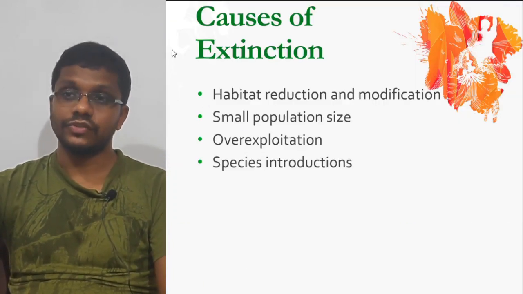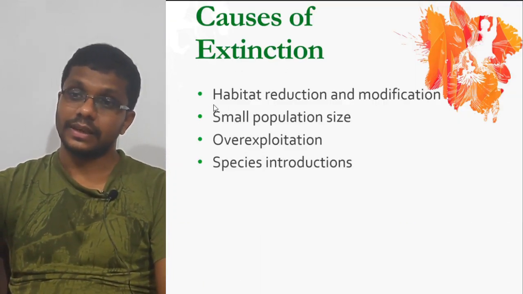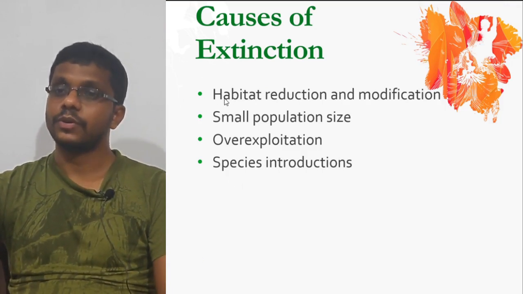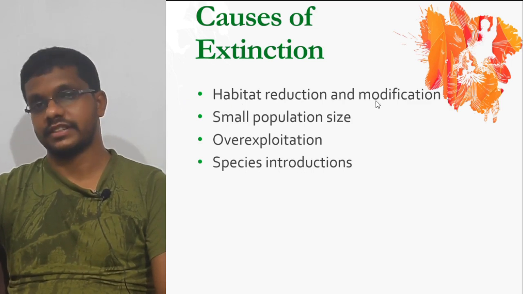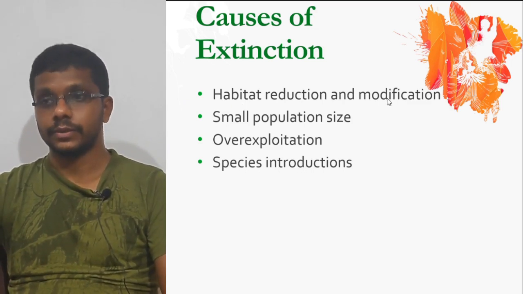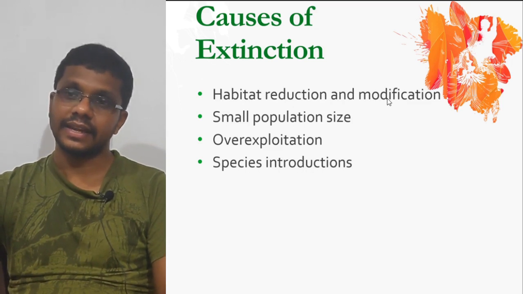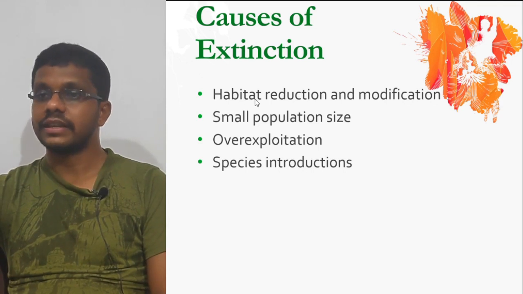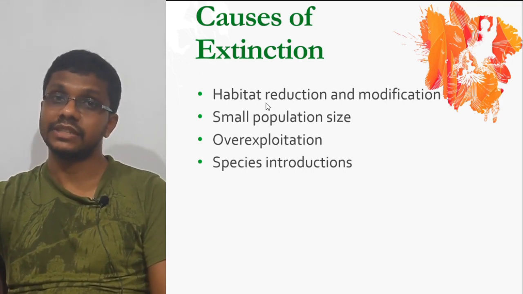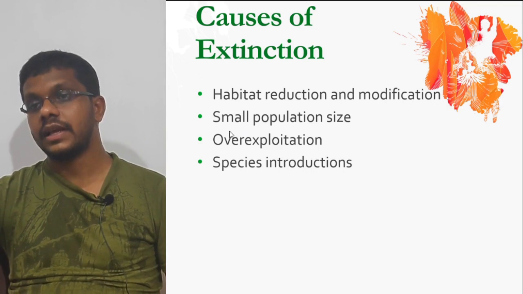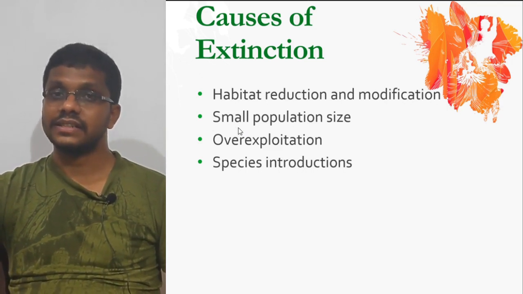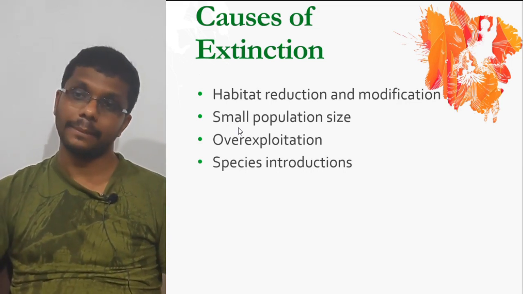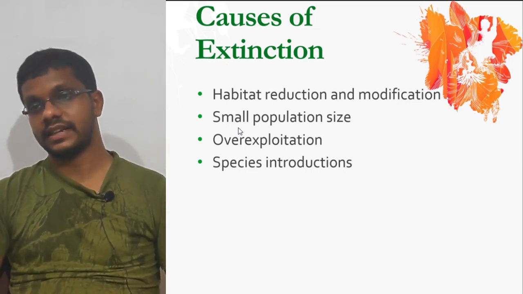And there are different causes of extinction. I am just listing the major causes. The most important factor is habitat reduction and modification, due to deforestation, conversion into agricultural land, global climate change, and everything else. There is a reduction in the habitat of organisms, which eventually leads to their extinction. Another reason is population size. If a population size is reduced too small, genetic drift and things like that can happen and lead to the extinction of an organism.